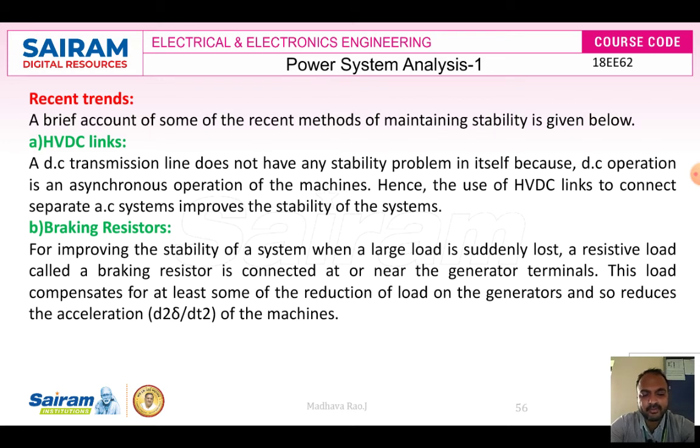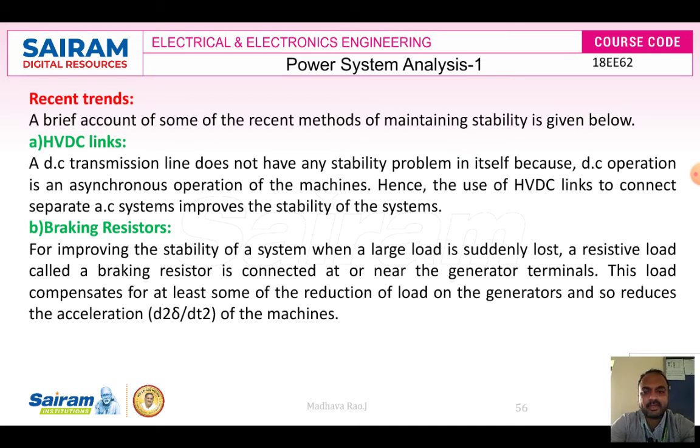One is HVDC links. Instead of HVAC transmission, if you use HVDC transmission, we can improve the stability, we can improve the efficiency, we can reduce the losses, and we can also reduce the conductor size and conductor cost. DC transmission lines do not have any stability problem, since there is no frequency in DC transmission.